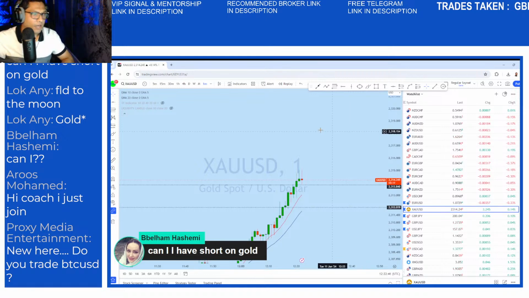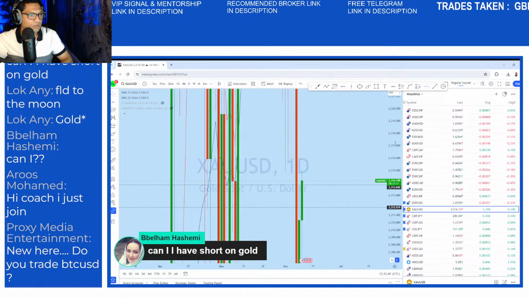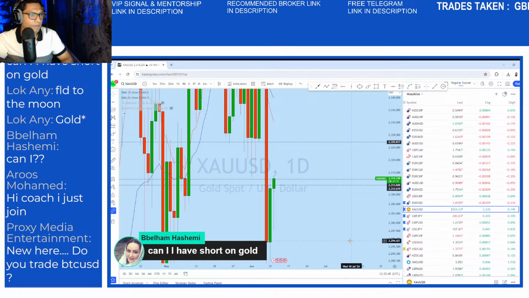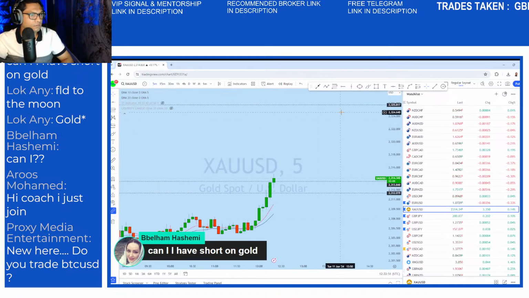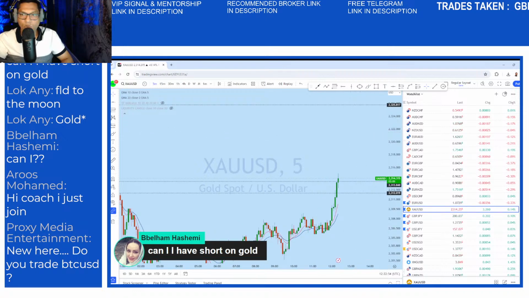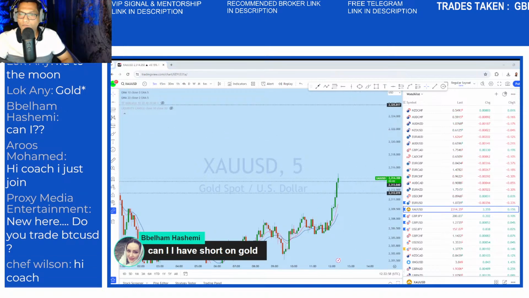I think we might still see a further bounce, probably. Quite significant movement on gold. Head to the moon. Yeah, gold.